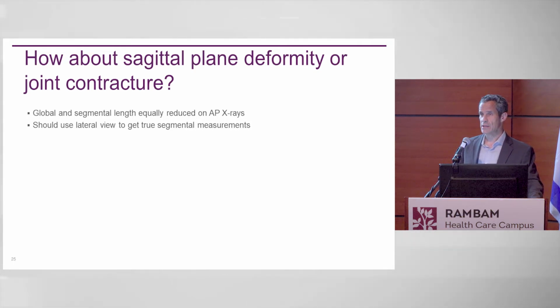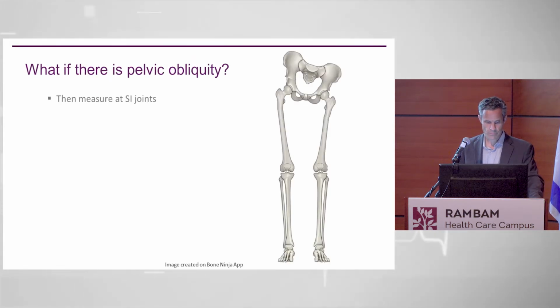Because if there's a knee flexion contracture or an ankle equinus contracture, then the global and segmental values will be equally reduced, and you may not pick up that secondary deformity unless you're really examining the lateral view.